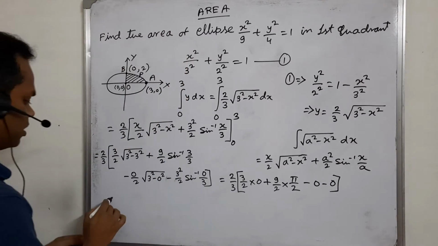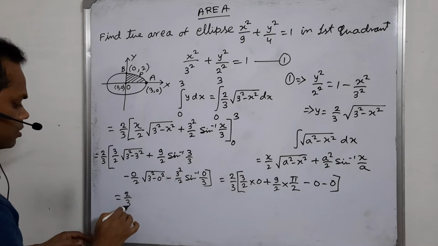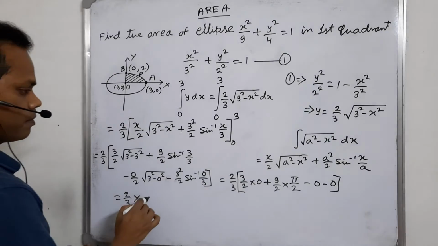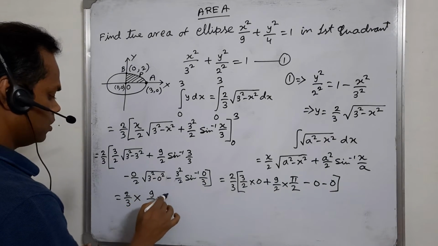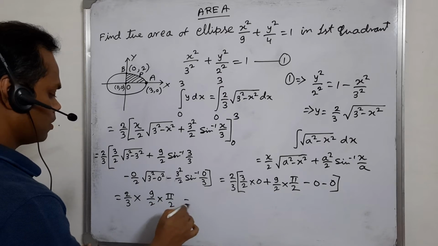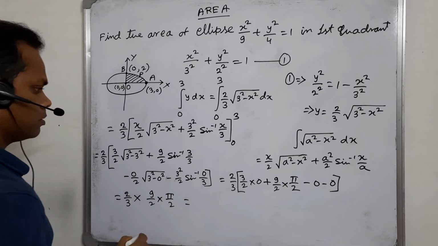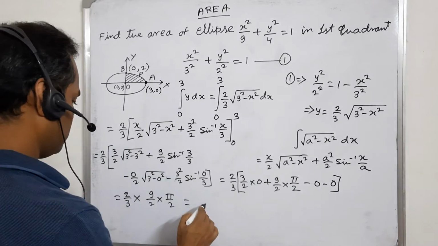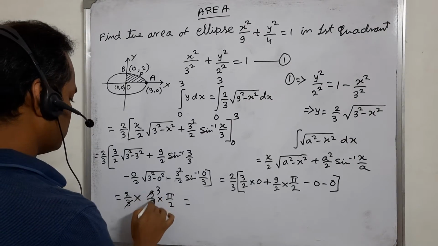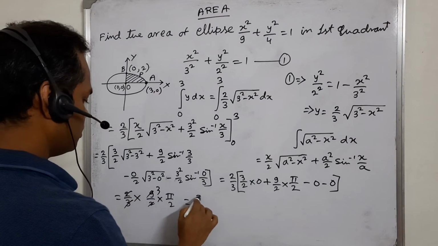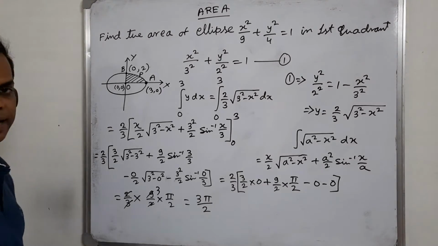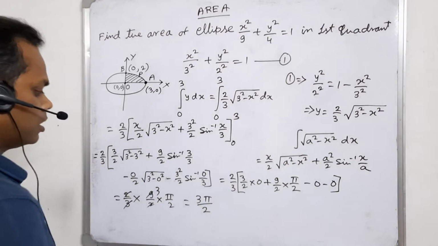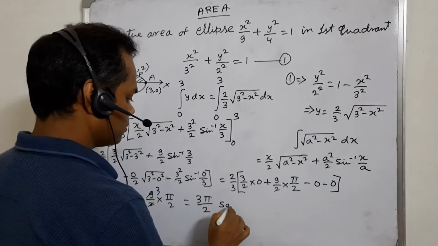So finally it becomes 2 by 3 into 9 by 2 into pi by 2, or by cancellation it becomes 3 pi by 2 square units.